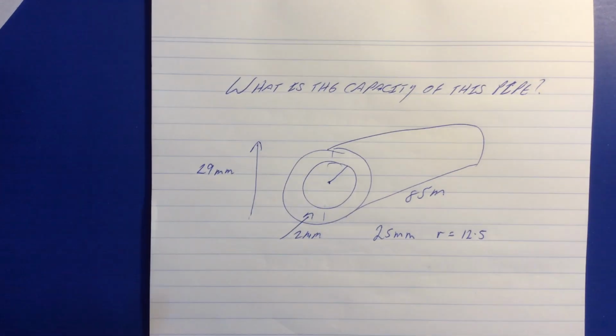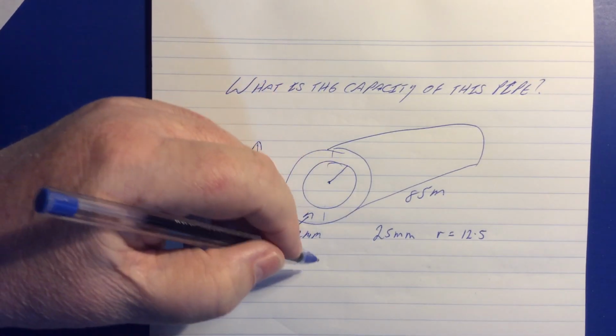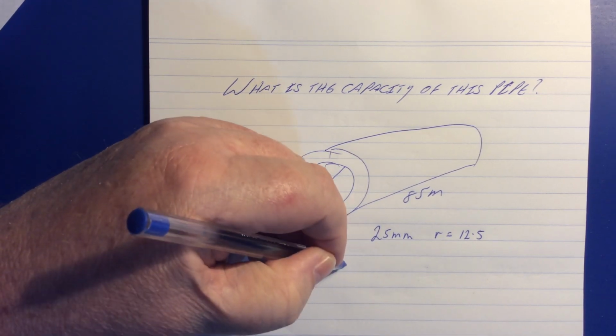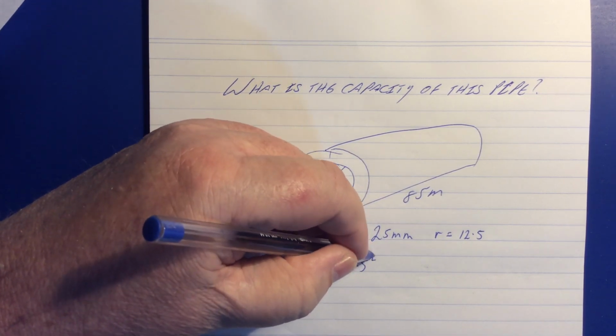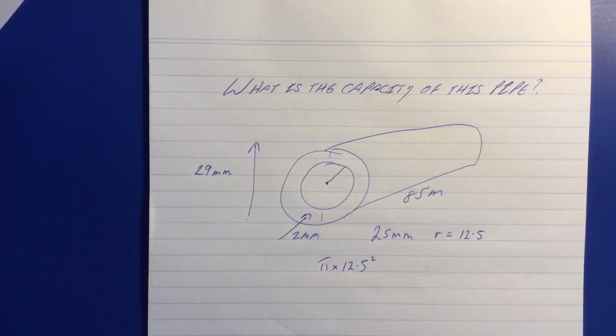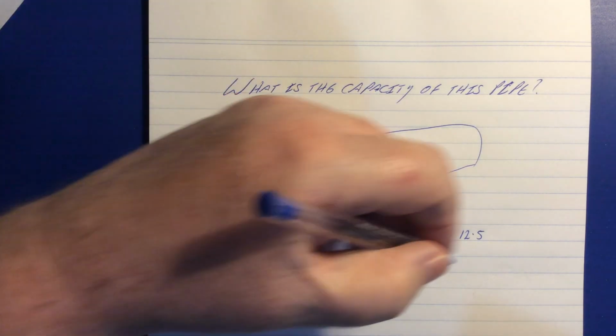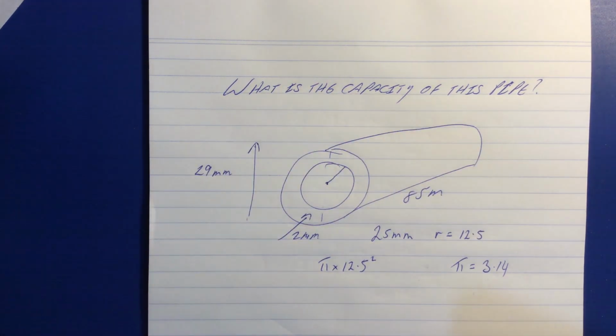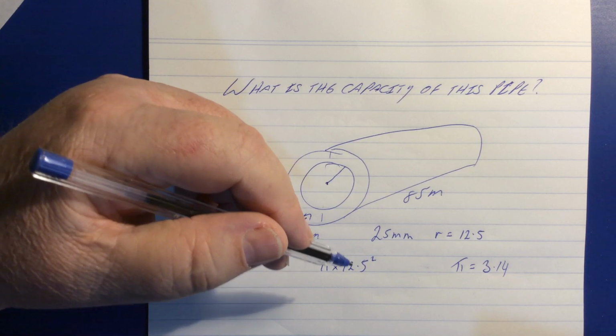Now, the area of this is going to be pi times 12.5 squared. So that is pi r squared. Okay, so I'm going to use a cheap calculator for this. So I'm going to say that pi is equal to 3.14 for the ease of calculation. Okay, so 12.5 times 12.5 is equal to 156.25.